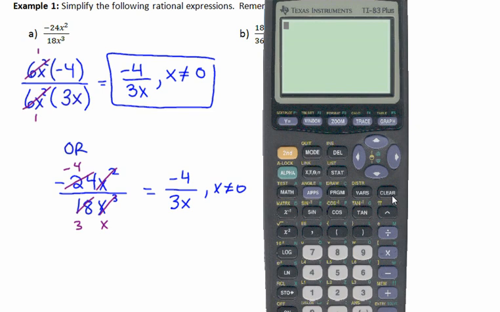How do you reduce that in your calculator if you wanted to check your work? Just type it in your calculator, negative 24 over 18, and then math, enter, enter. Okay, so negative 4 over 3. So right there, you can also check our answer, negative 4 over 3, and then the x squared divided by x cubed would just be an x on the denominator. Okay, and that can help you.